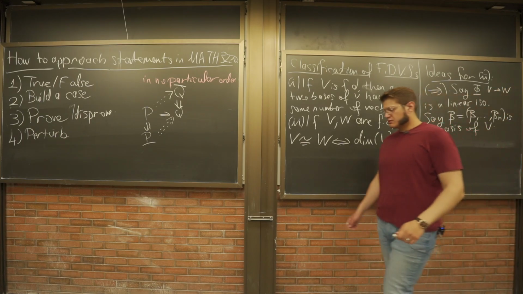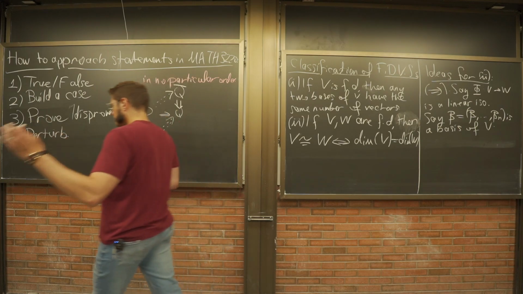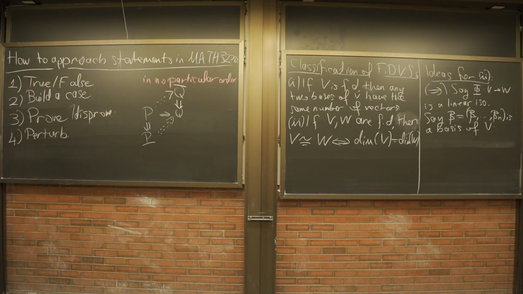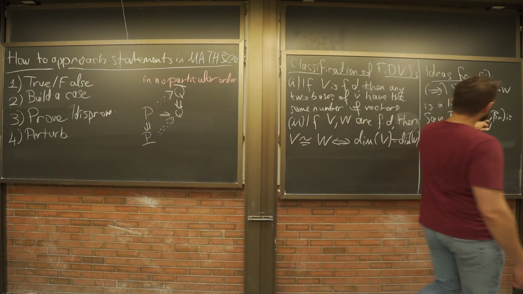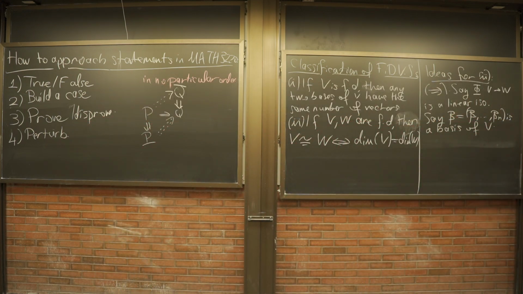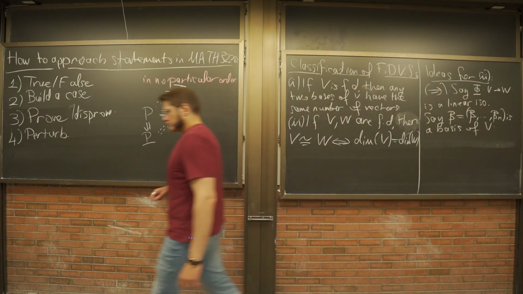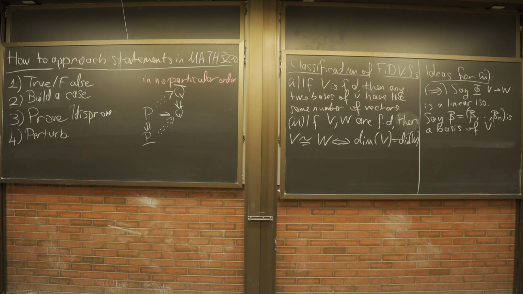Say beta, which is a tuple of vectors, beta 1 to beta n. So each beta i is one vector in V. And any vector in V can be written as a unique linear combination of these beta i's. And in particular here, n of course is the dimension. It's the number of vectors in beta.